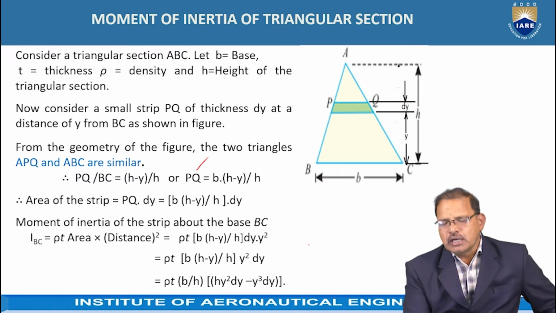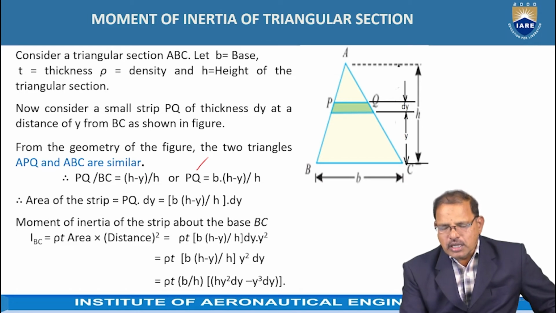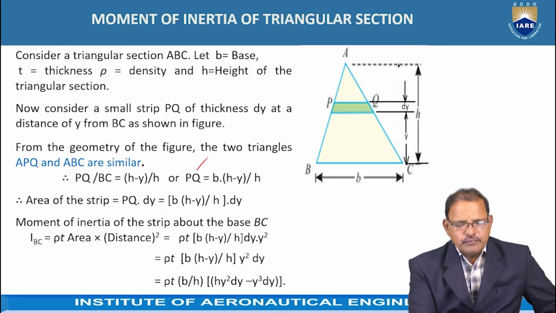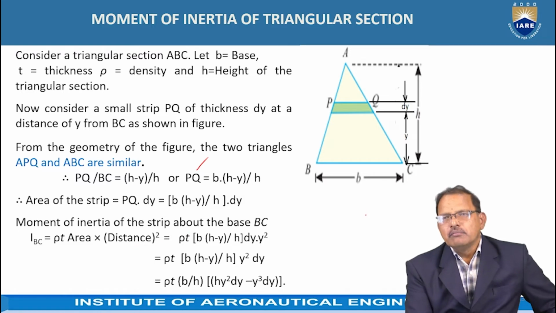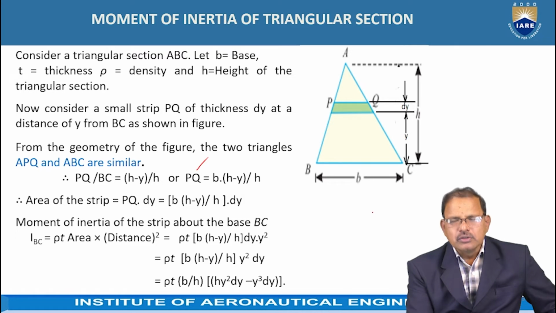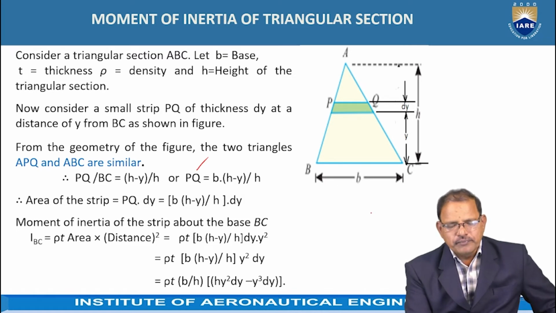Then the moment of inertia of this strip about BC is obtained by multiplying its mass with the square of the distance between these two lines. So I BC is equal to mass, which is density multiplied by volume, that is rho T into area, into the square of the distance.